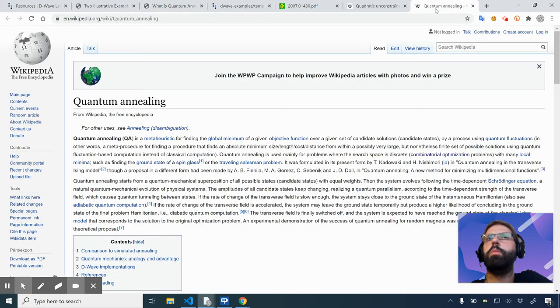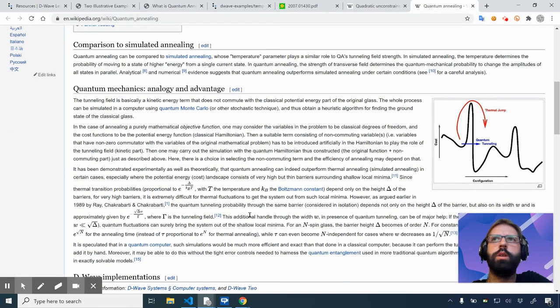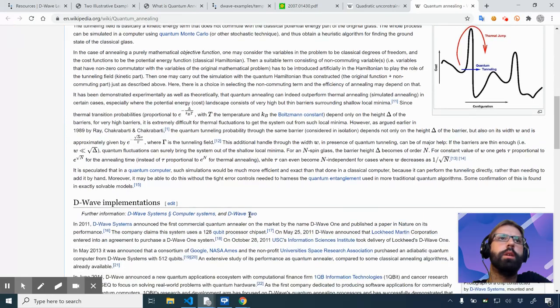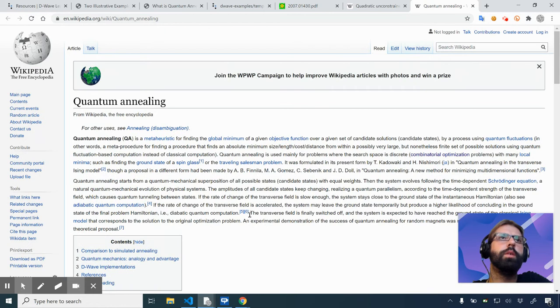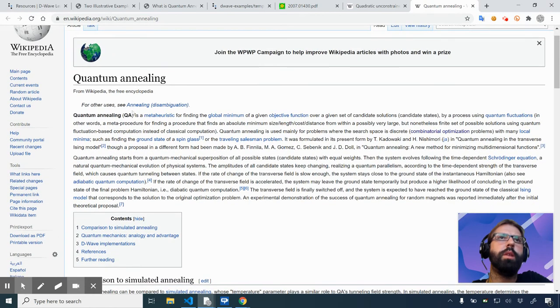So maybe Wikipedia is gonna help. Quantum tunneling, implementations. Quantum annealing is a meta-heuristic for finding the global minimum of a given objective function over a given set of candidate solutions by a process using quantum fluctuations.